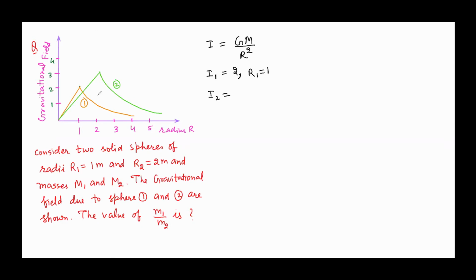Intensity of sphere 2 is 3, and radius of this sphere is 2 units. So I1 by I2 is G M1 by R1 square over G M2 by R2 square. G is cancelled with G.